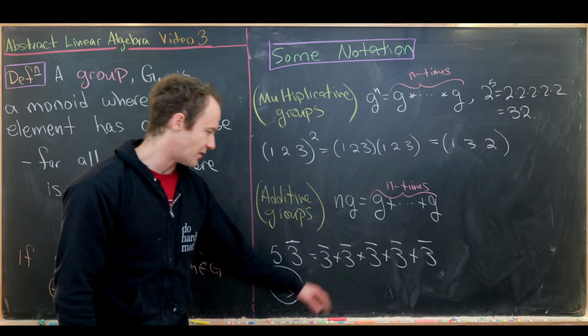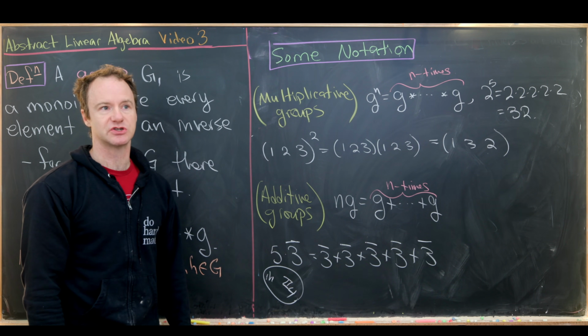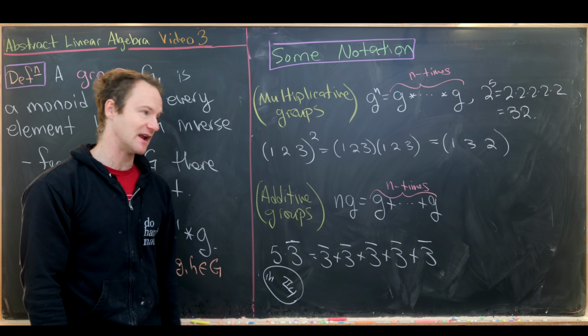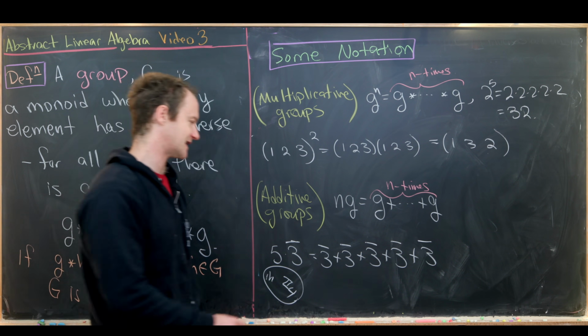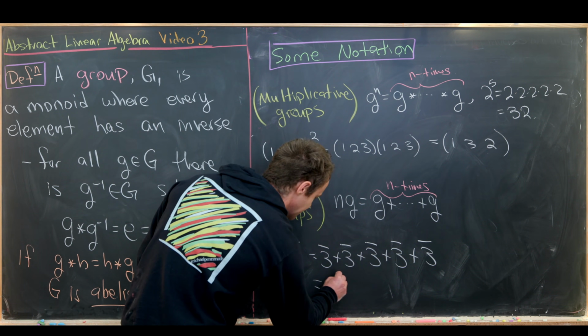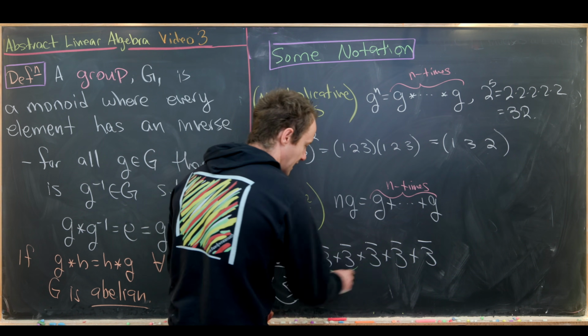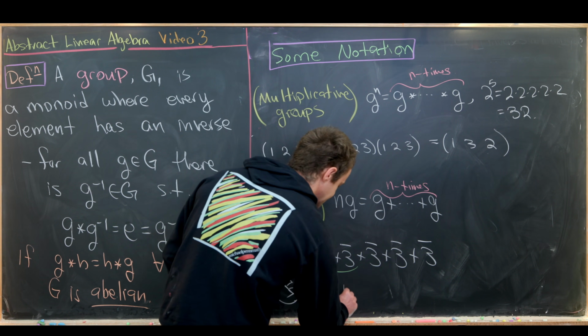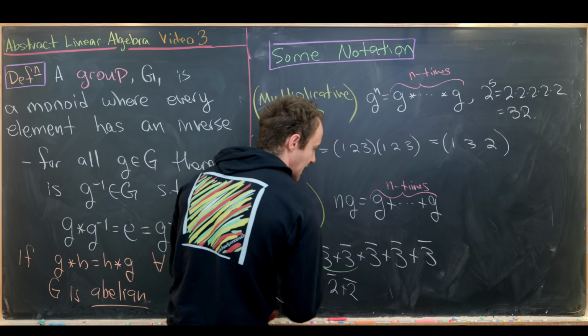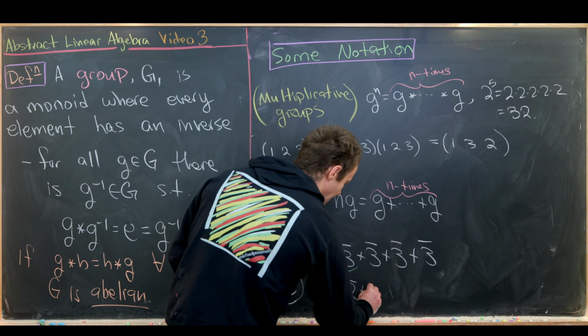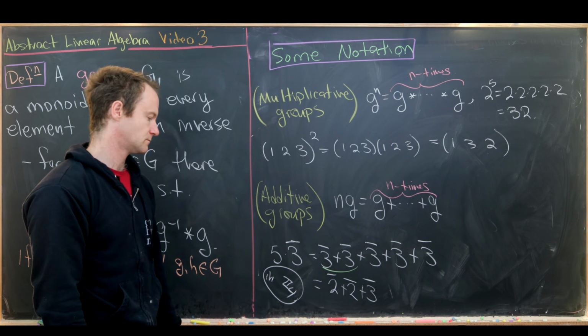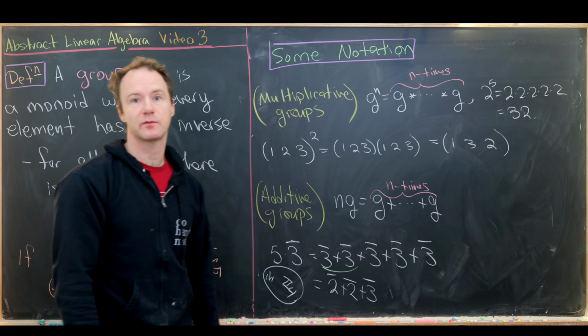So let's see, 3 bar plus 3 bar is equal to, well, 6 divided by 4, keep the remainder, so that's 2. So this is going to be the same thing as 2 bar. And then likewise, 3 bar plus 3 bar is another 2 bar. And then this 3 bar will be one last 3 bar. And now we can take 2 bar plus 2 bar.